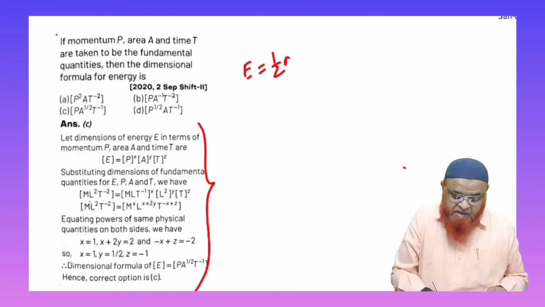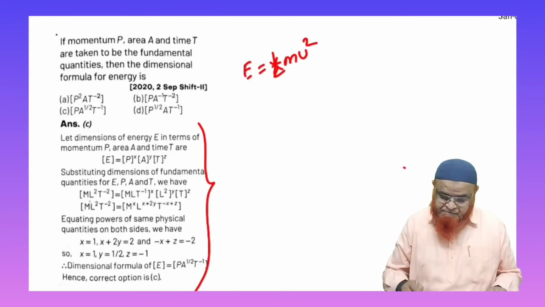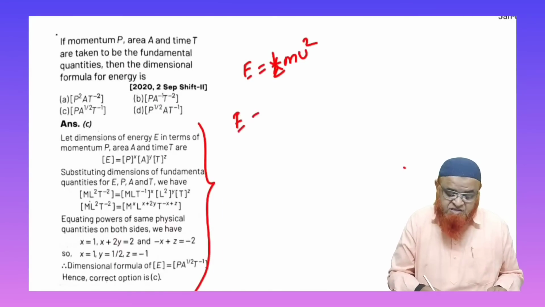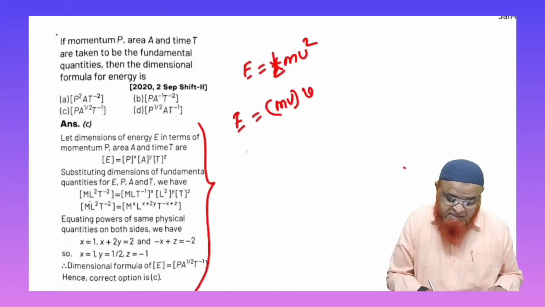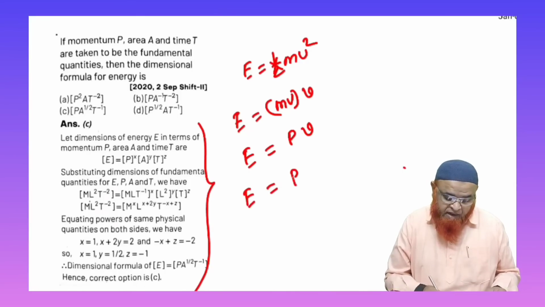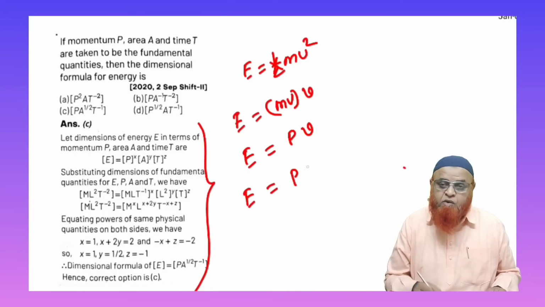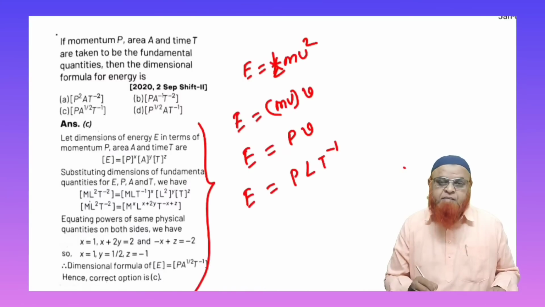You can write E is equal to half mv square. Half does not have any dimensions, but can you write mv square as mv into v, which is p into v? And p remains p, but velocity can be written as L T power -1.